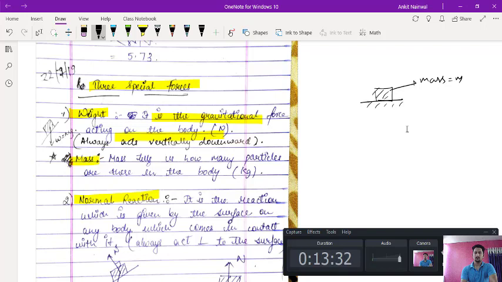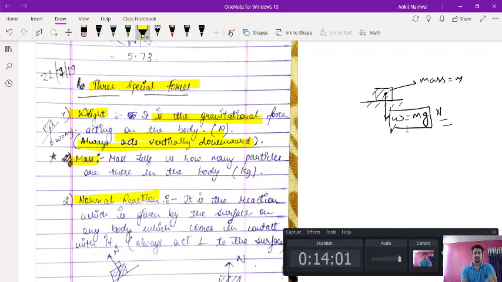Gravitational force must be acting on it, so the weight of the body will be acting downward, given by mass into gravity. Weight is the gravitational force acting on the body, its unit is Newton, and it is given by W. It always acts vertically downward, this is very important.